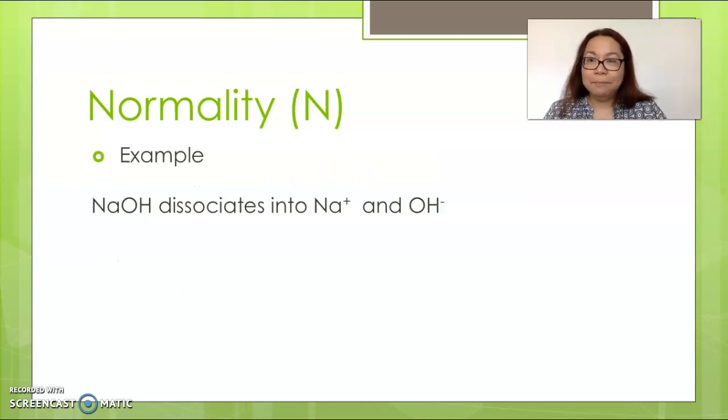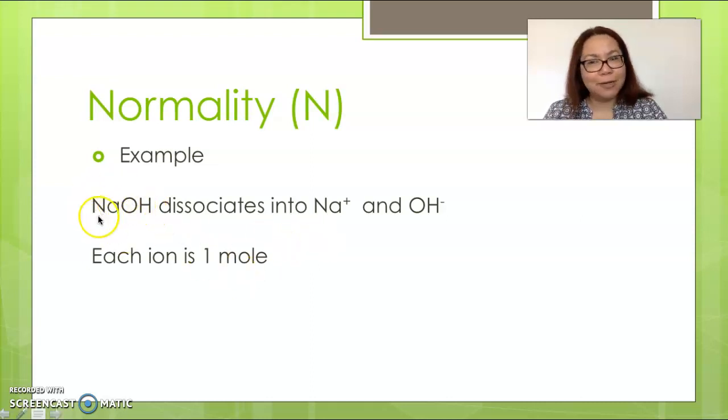So, for example, we have this base, sodium hydroxide, and it's going to dissociate into these separate ions: sodium, which is a positive ion, and the hydroxide, a negative ion. Now, let's try to figure out how many moles there are for each ion. So each ion is actually 1 mole. Why?